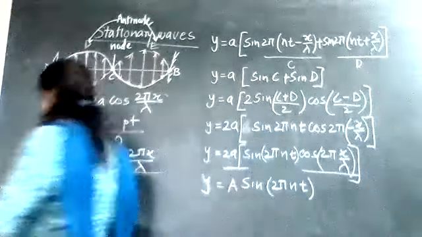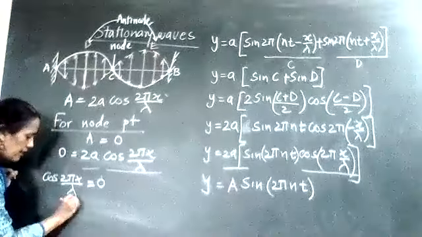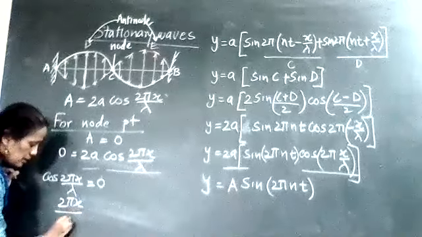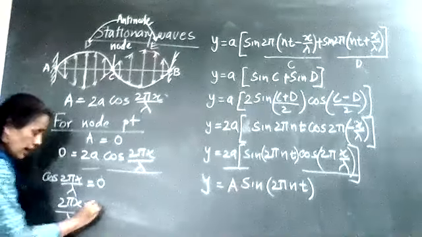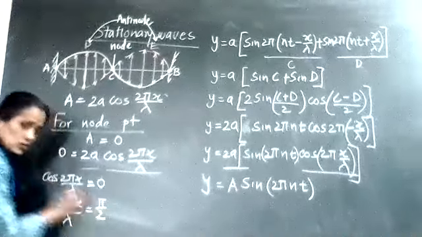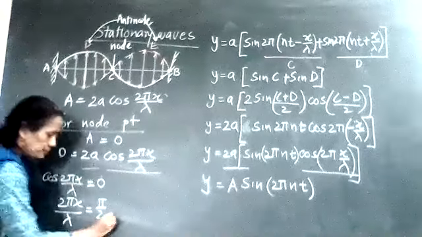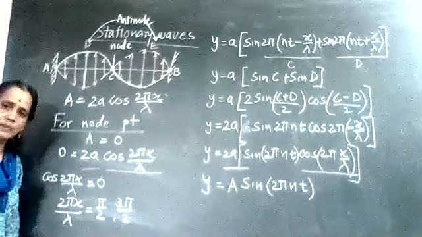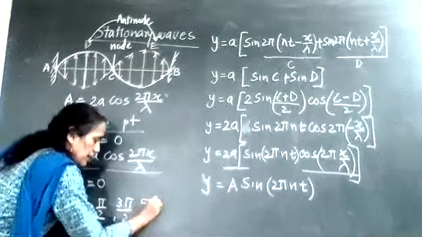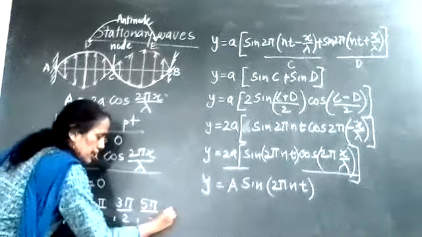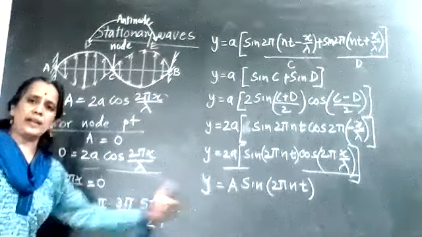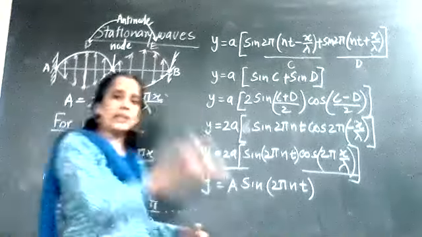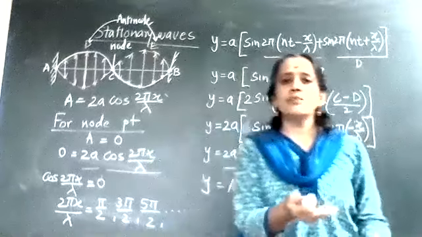Means what you can say here, your theta value, which is nothing but 2 pi x upon lambda, is either pi by 2, so the cos angle will be 0, or it is 3 pi by 2, your cos angle will again become 0, or 5 pi by 2, again your cos angle will be 0. So in that manner, for particular angle values, cos will be 0.